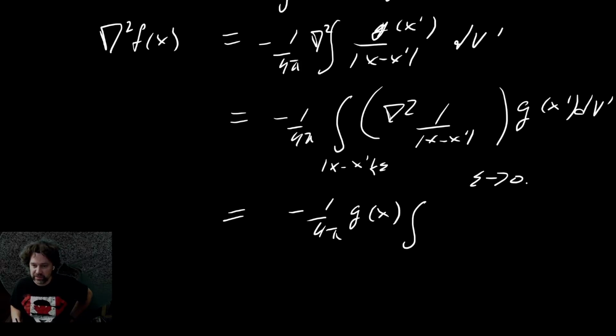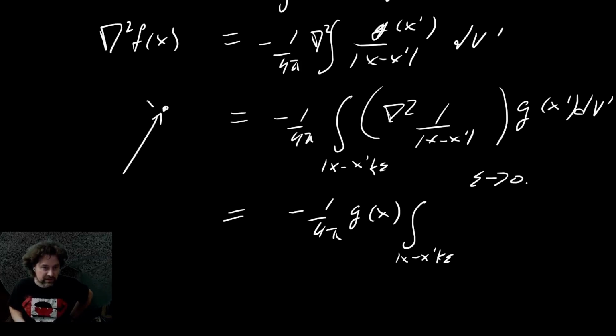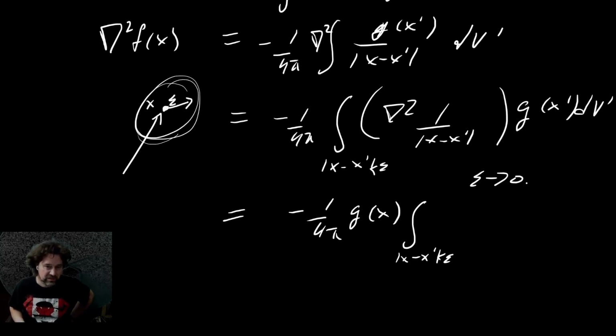So now we're integrating over this epsilon-sized sphere around the origin of, if we have a point x, a sphere of epsilon radius, and these points here are points x prime.